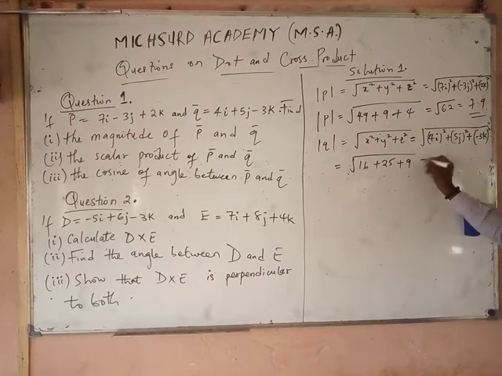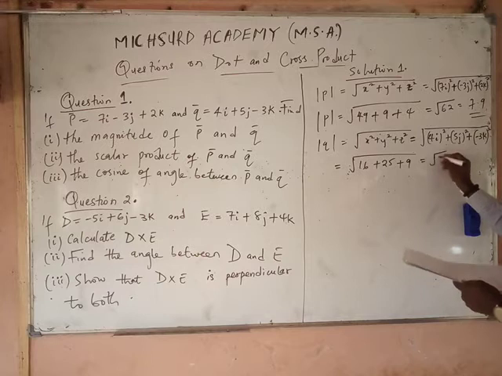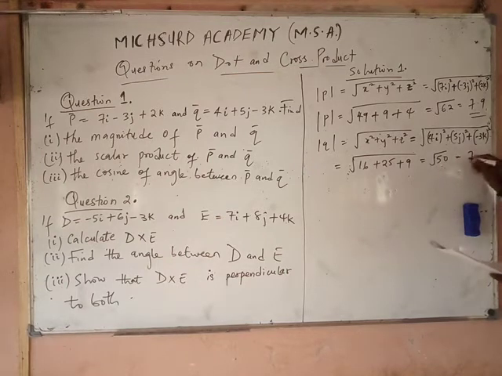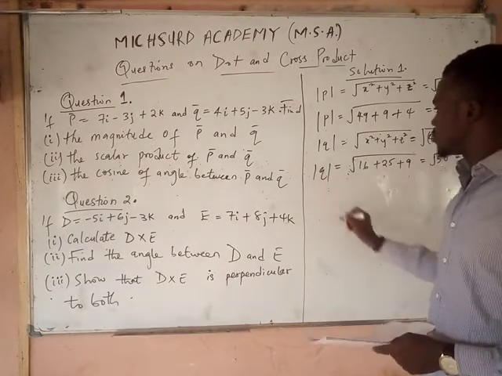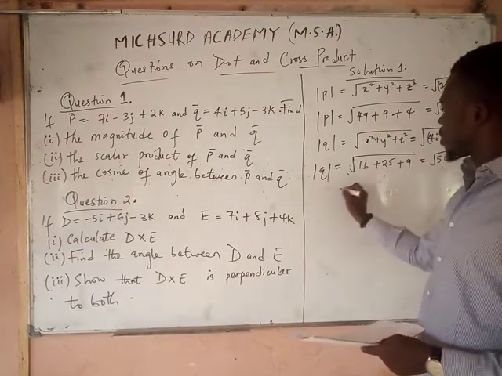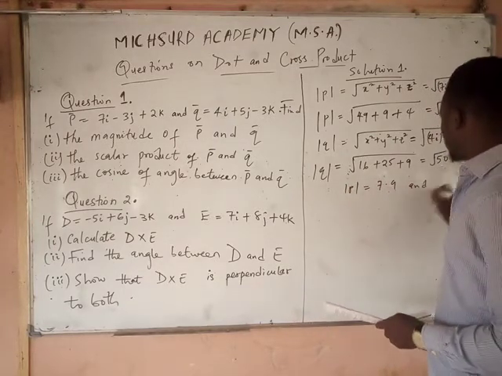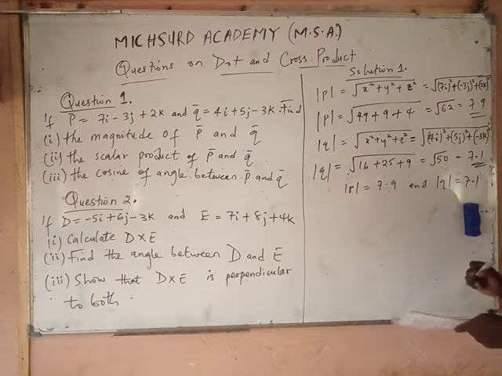When we punch this in our calculator, we get the square root of 50, and the square root of 50 is 7.1. So we also have the magnitude of Q to be 7.1. So the magnitude of P is 7.9 and the magnitude of Q is 7.1.